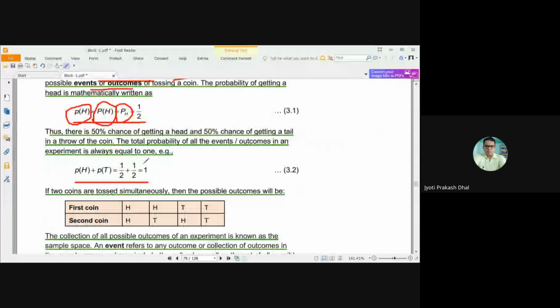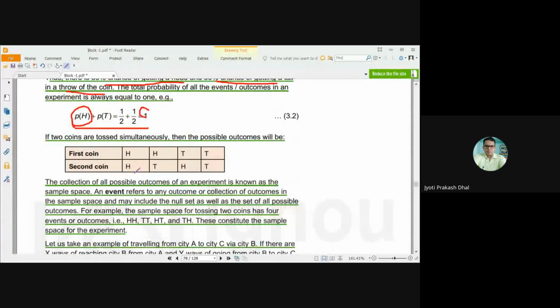Thus, there is a 50% chance of getting head and a 50% chance of getting a tail in a throw of the coin. The total probability of all the events in an experiment always equals 1. That means the probability of getting head plus the probability of getting tail will become 1.